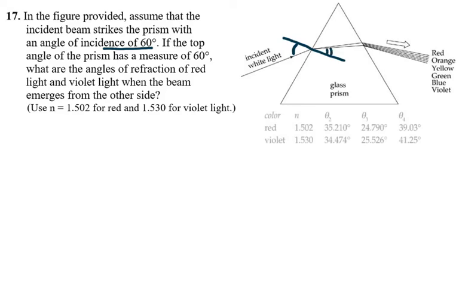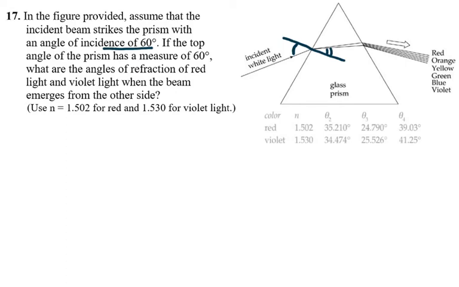If the top angle of the prism has a measure of 60 degrees, what is the angle of refraction of the red light and violet light when the beam emerges from the other side?